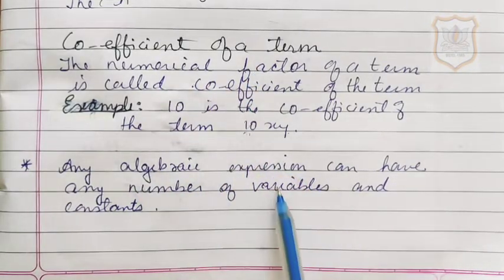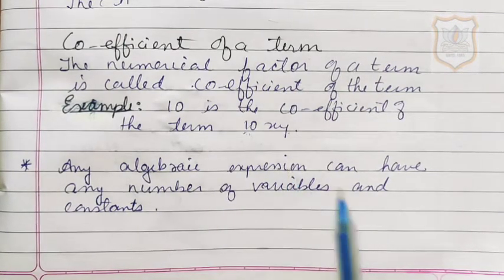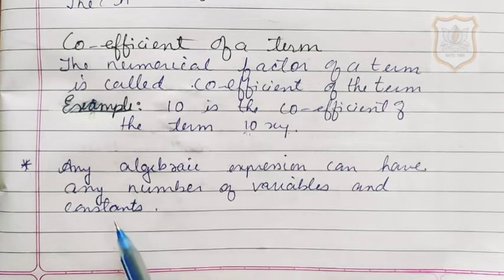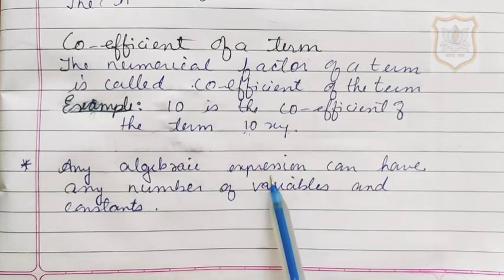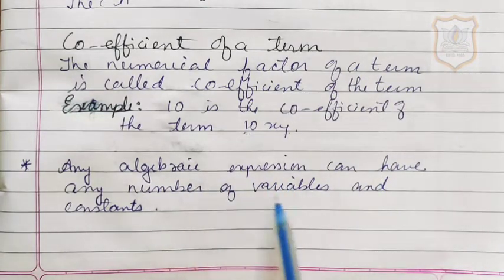Any algebraic expression can have any number of variables and constants. Students, an algebraic expression is formed by variables and constants. Variables and constants together form an algebraic expression, and the algebraic expression can have any number of variables and constants.